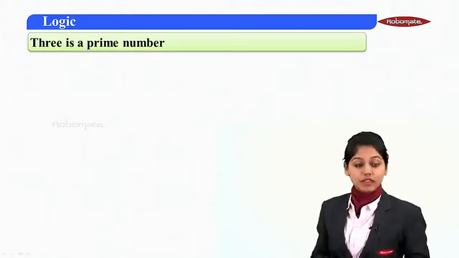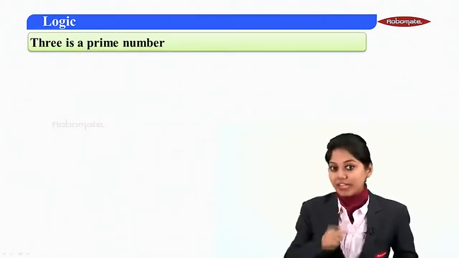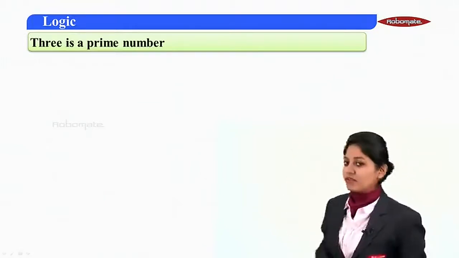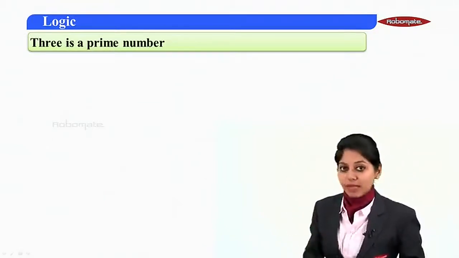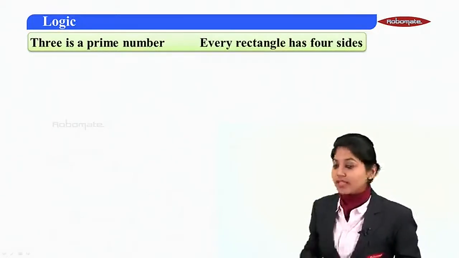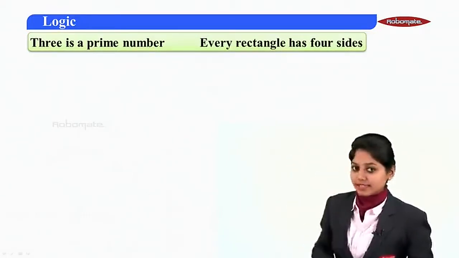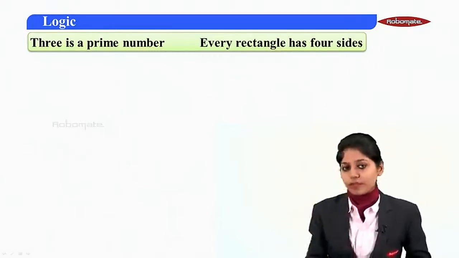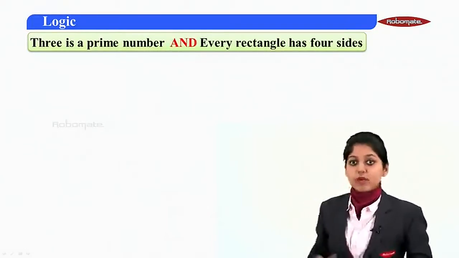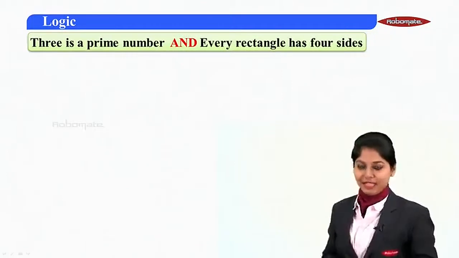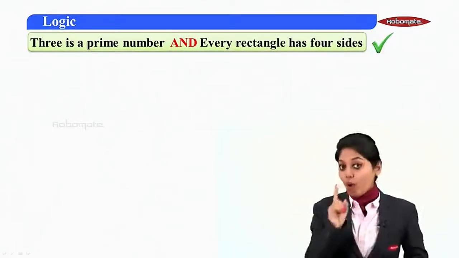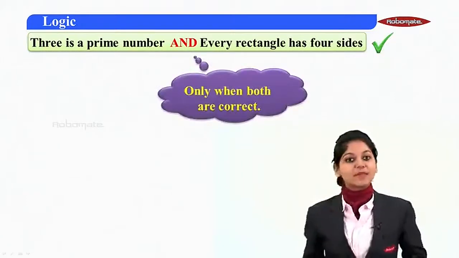Now we will learn how we should get the truth table with the help of some examples. The first example in front of you is "3 is a prime number", and the second one is "every rectangle has 4 sides". And now if I try to combine both the statements with the word "and", then you will say that this statement is right only when both the statements are right.